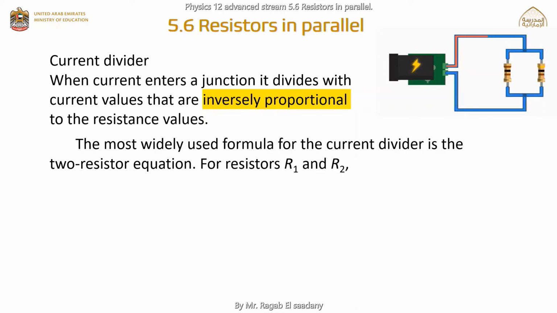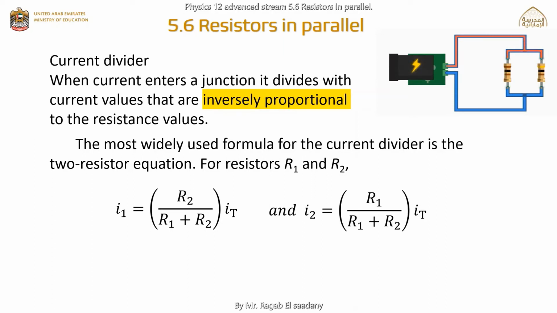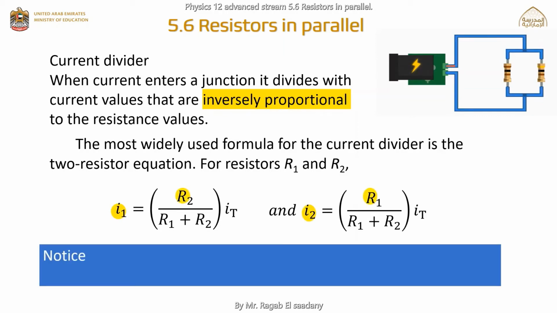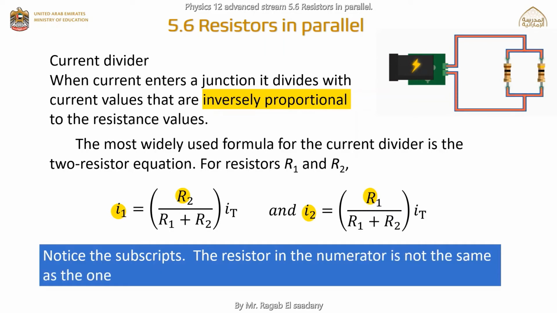For resistors R1 and R2, I1 equal R2 divided by R1 plus R2 times total current, and I2 equal R1 divided by R1 plus R2 times total current. Note the subscripts. The resistor in the numerator is not the same as the one for which current is found.